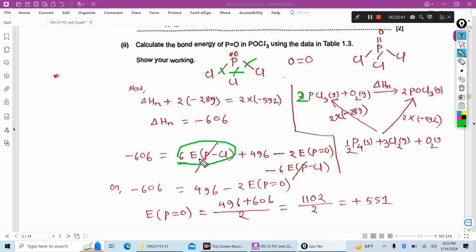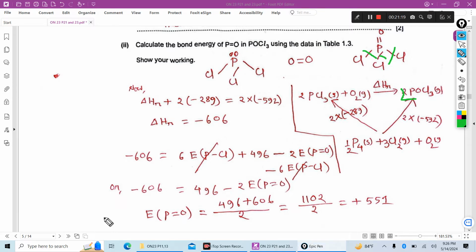6 times the energy of the P-Cl bond plus the oxygen-oxygen double bond enthalpy, 496, minus the products: 2 into 1 times 2 times the enthalpy of the phosphorus-oxygen double bond, minus 6 into the energy of P-Cl, same 1, 2, 3 times 2, 6.